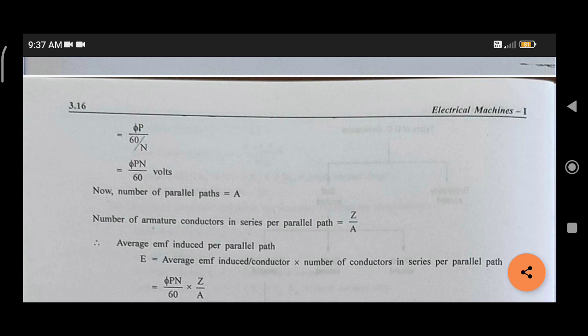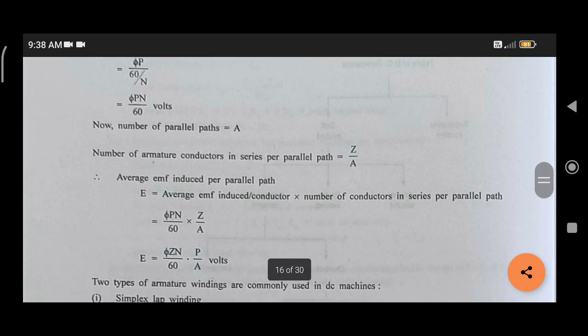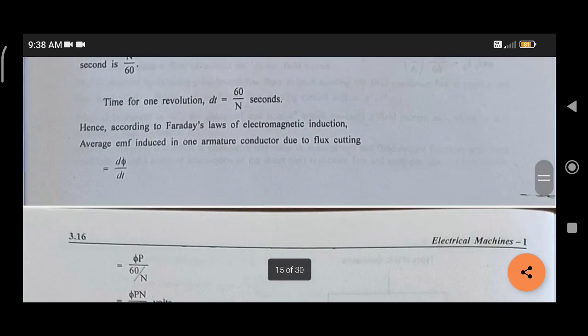Now we want to find it for all the armature conductors. For that we have the number of parallel paths A, and the number of armature conductors in series per parallel path. If Z is the total number of conductors, then the number of conductors in one parallel path is Z by A. We multiply the EMF per conductor by the number of conductors in series per parallel path, because this EMF is per parallel path.